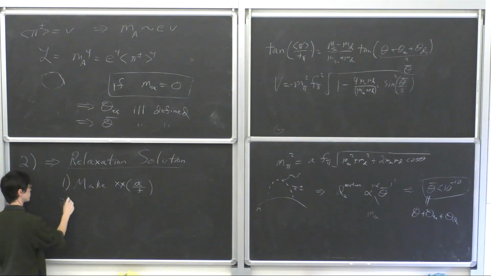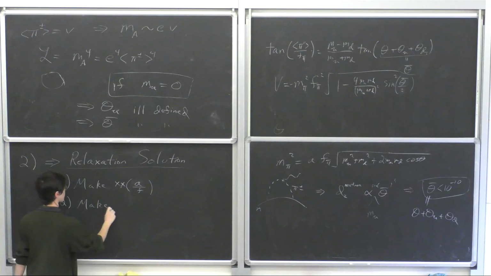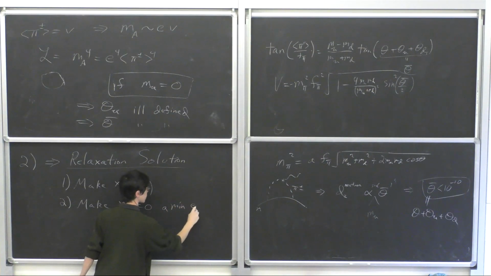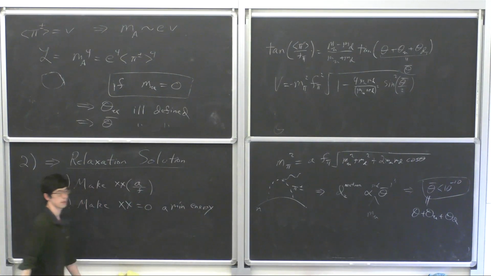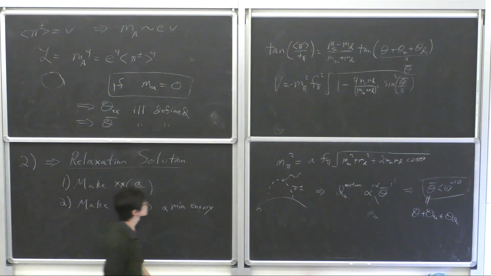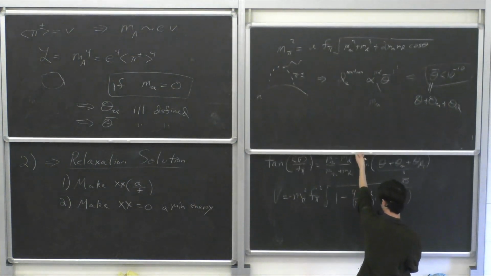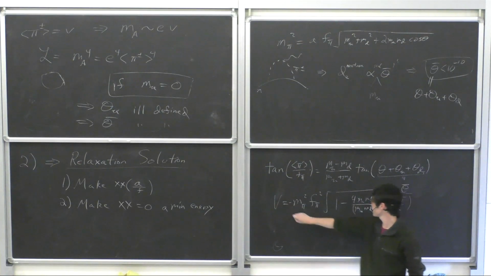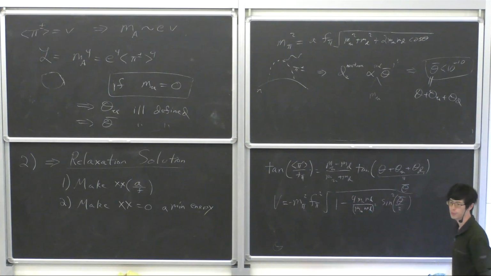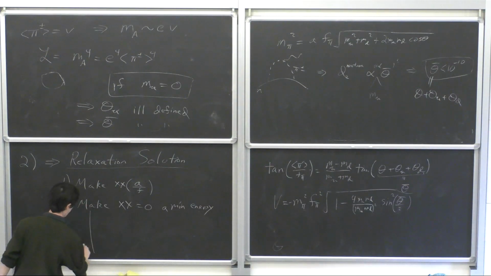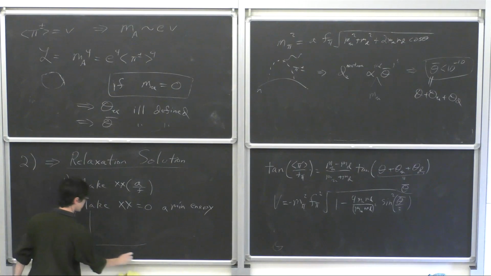And then two, make xx equals 0 a minimum energy. Okay, so let's look at number 2. Oh, I didn't even erase it. Excellent. Energy as a function of theta bar here. So let's plot it. V as a function of theta bar.